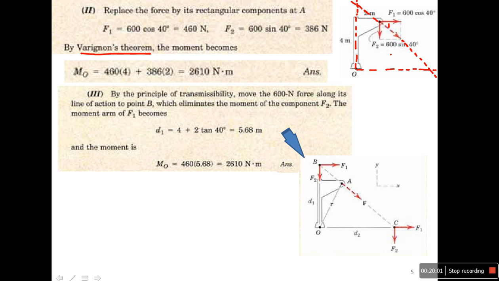If I move the force and the components of the force to that point, you can see, because it's the line of action, I have here F1 and F2.